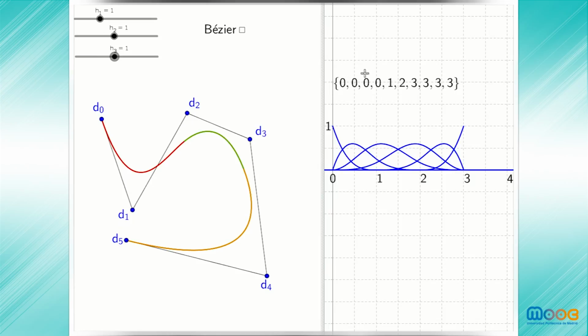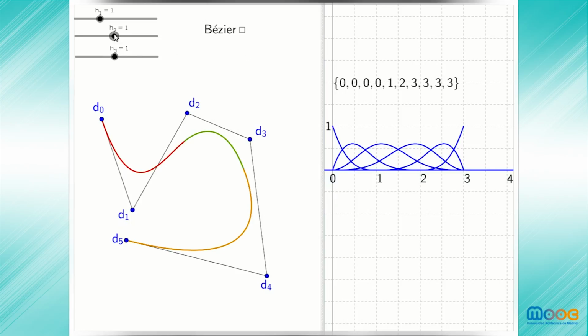Its node vector is here, and these are the basis functions that correspond to this uniform B-spline curve. If we look at the Bezier vertices of the control polygon, we see that C3 is the middle point in the interval defined by C2 and C4, and C6 is also the middle point in the interval defined by C5 and C7.